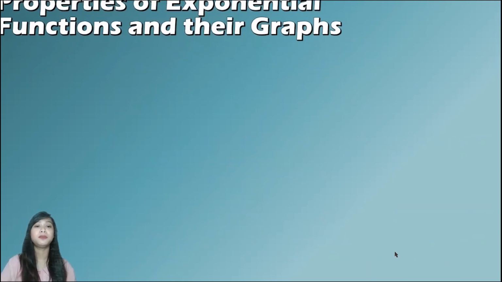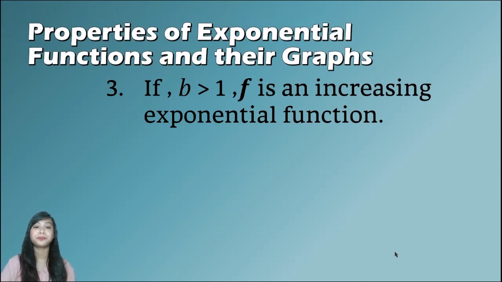So we have another property. Third property, if b is greater than 1, then f is an increasing exponential function. We observed earlier that the f of x is an increasing function. That is the red curve, the red graph, the f of x.